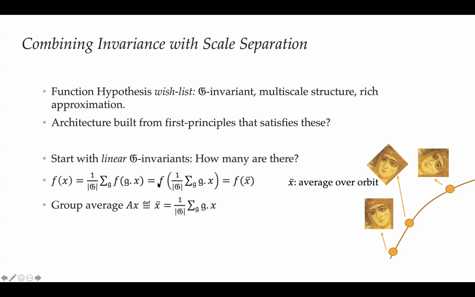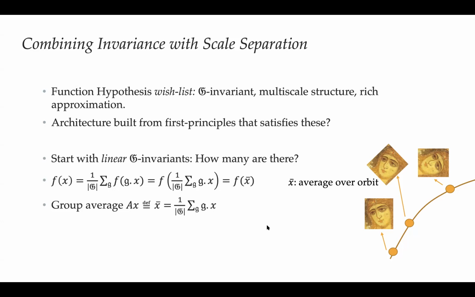So what I see is that any f that is linear and G-invariant is actually a function of the average of the input over the orbit. So I can always think about such an operator as taking as input not x, but the average of x over the orbit. To get the intuition, think about the group being the translation group, and x being the space of images.